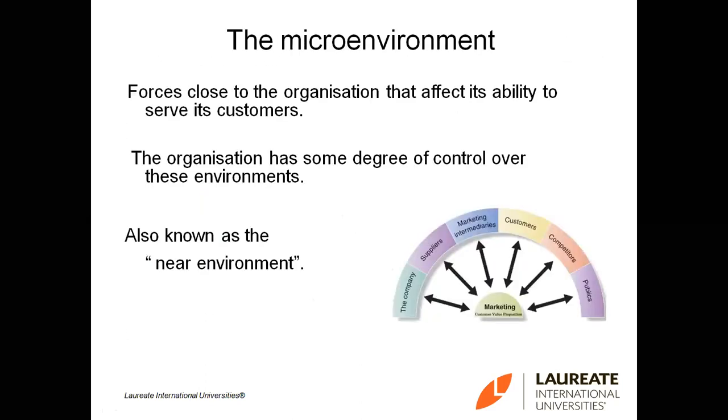We have the microenvironment, which is basically within the industry. That's why we say it is microenvironment. All actors within the industry, like these guys here, the company, suppliers, and so on and so forth. There are six of them. They are what we call the within-industry environment or micro environments.